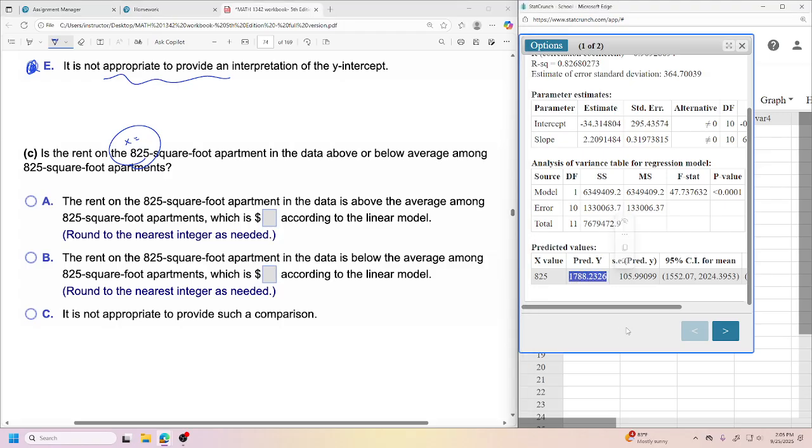Why do I have... Oh, okay, I see what's going on. So I have 3 different options, right? I put it in this one here because it says either above or below. So I'm going to put that one in the above, and I put in 1788, and it goes, you're wrong. And then I'm like, nah, it must be this one, 1788.